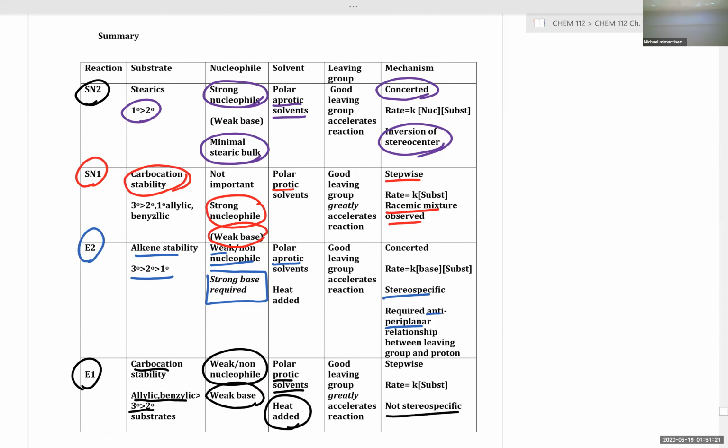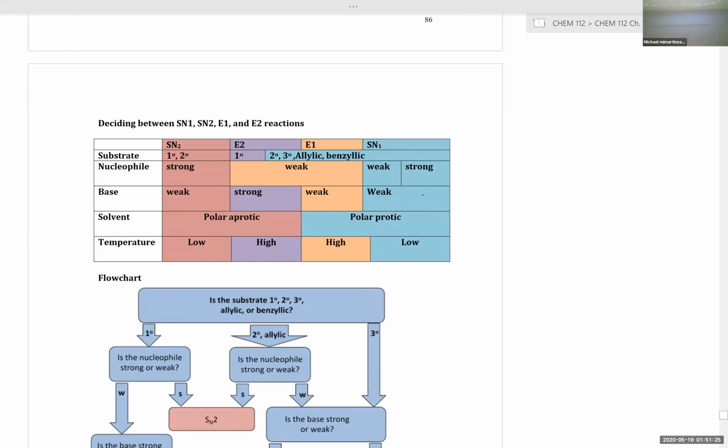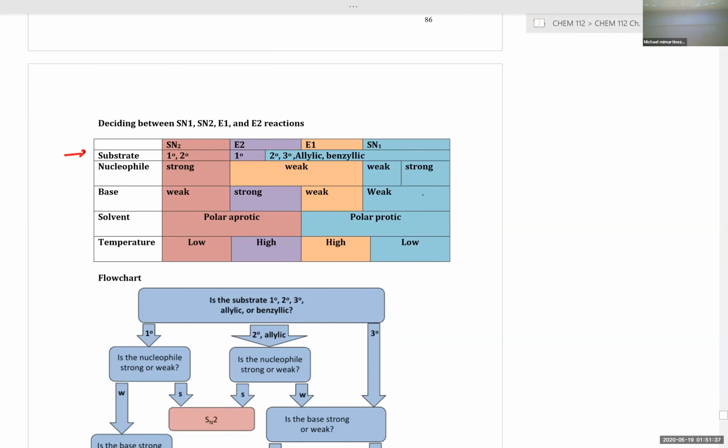If you prefer processing your data in a different manner, in tabular format, here's a summary of SN1, SN2, E1, and E2 reactions. I think of it a little bit like a flow chart where I look at my substrate. If I see primary substrates, we're immediately in the domain of SN2 and E2. If you have a secondary substrate, then it's a bit of a guessing game, and you have to look at your nucleophile, whether it's strong or weak.